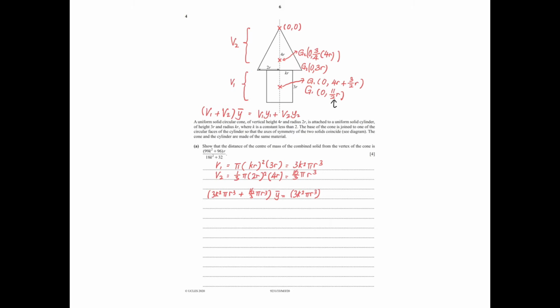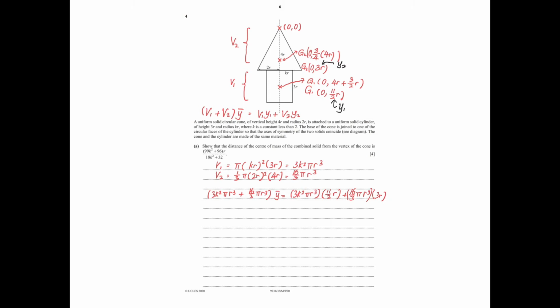Let us label this as Y1, and this is going to be Y2. Now let's continue with our formula. We substitute in Y1, 11 over 2 r, plus V2, which is 16 over 3 pi r cube, multiplied with Y2, which is equal to 3r.